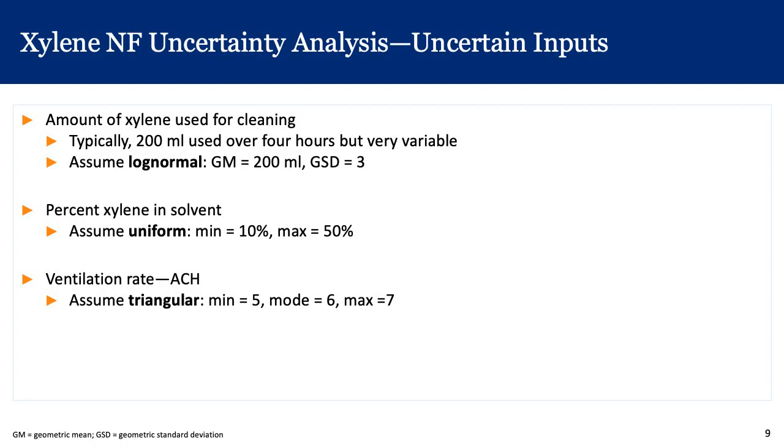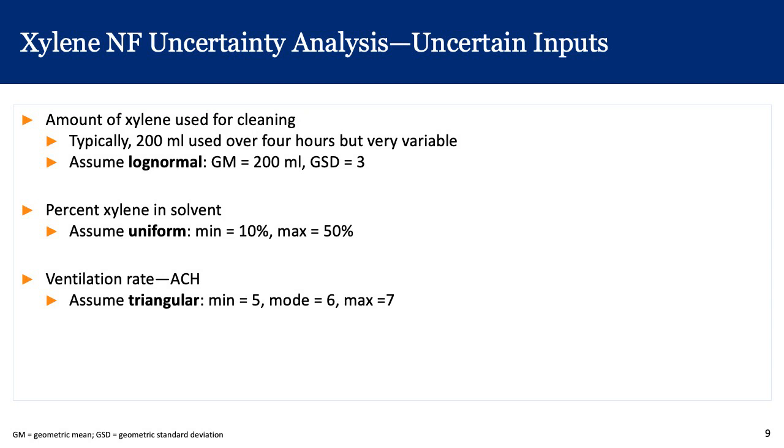But now let's do a more thorough uncertainty analysis for the near field. And at this point, to keep things interesting, I'm going to change my units. Rather than do it in units of gallons, I'm going to use the amount of xylene used in units of milliliters. Let's assume that the xylene used can be described by a log normal distribution with a geometric mean of 200 milliliters and a geometric standard deviation of 3.